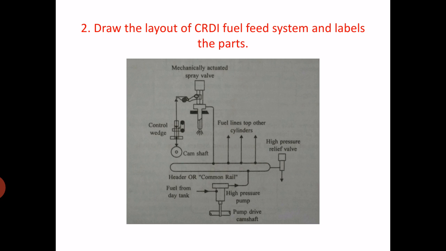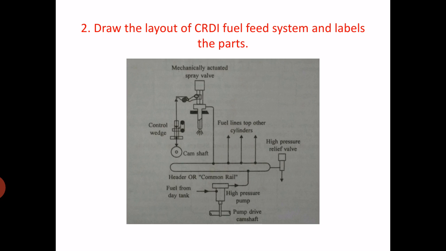A high pressure pump driven by the camshaft, then there is a common rail, then a pressure relief valve, then fuel lines to the injectors. Only one injector is shown, but it is a 4 cylinder engine, so 4 arrow marks are shown here. These injectors are actuated by the cam and push rod again. So that is to draw and write the parts.